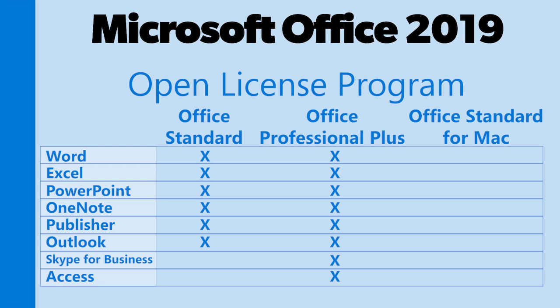Most businesses are really going to benefit from the collaborative abilities of Skype for Business. And of course, Access is traditionally included in the professional SKUs for those customers that use it. Finally, rounding up the open licenses, there's Office Standard for Mac. This one is an abridged version of the same standard SKU. It includes Word, Excel, PowerPoint, OneNote, and Outlook.